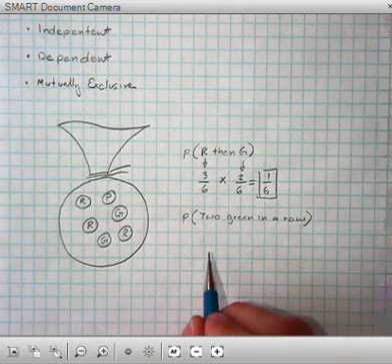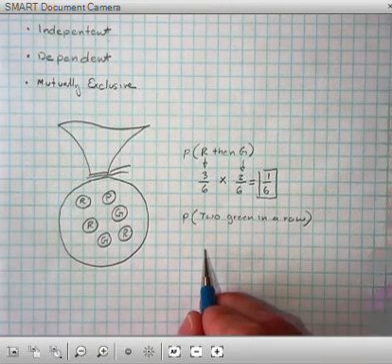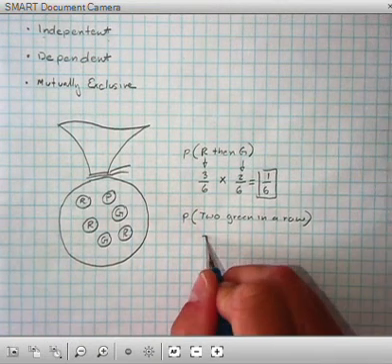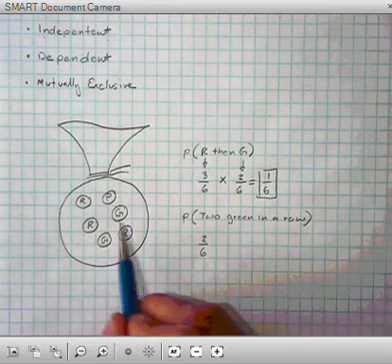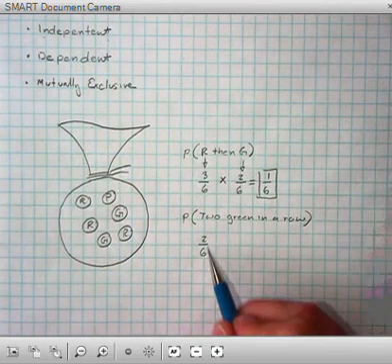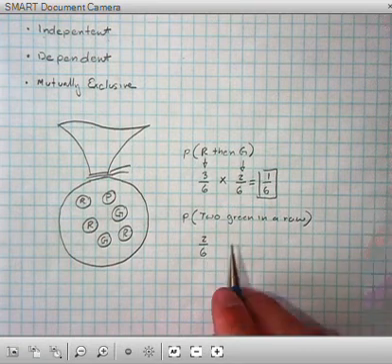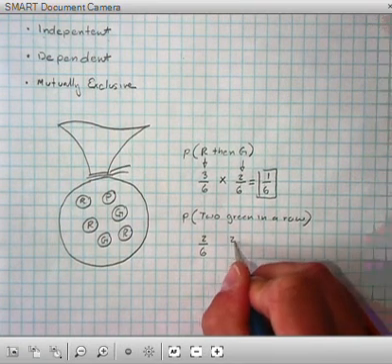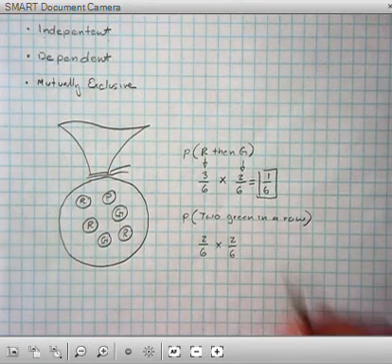What's the probability of one of them being green? 2 out of 6, because there's 2 green ones and there's 6 total. So if the first one is 2 out of 6, the probability of drawing a second one is also 2 out of 6, and we just multiply those.